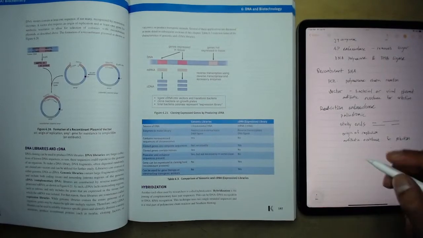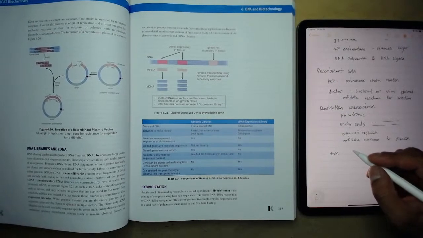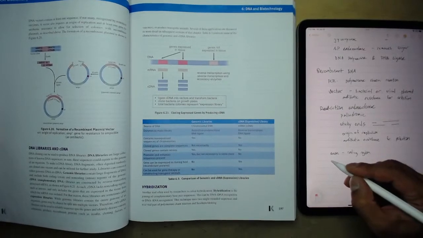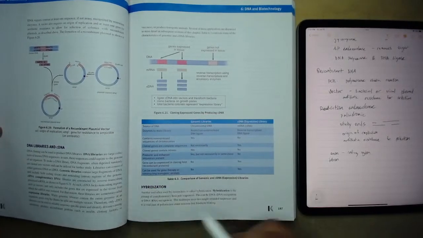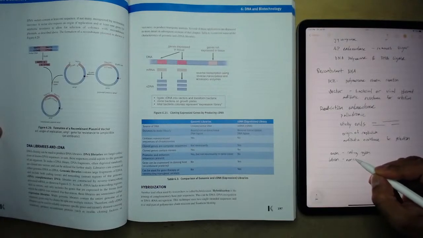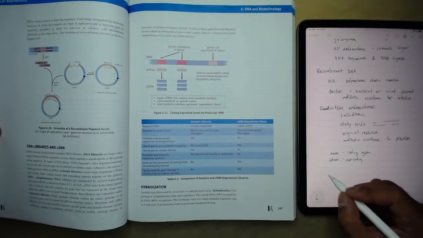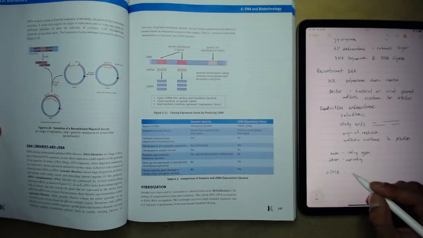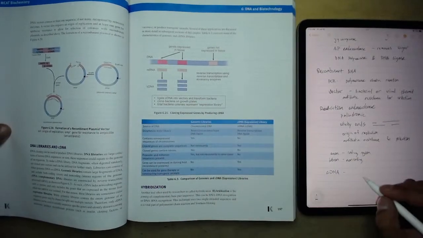So, remember that exons are coding regions, intron is non-coding, and cDNA is made by reverse transcribing RNA.